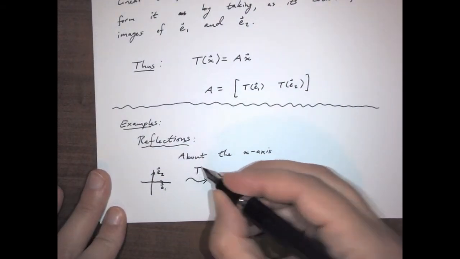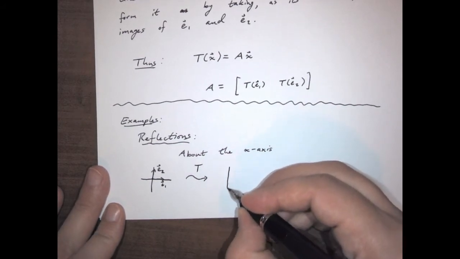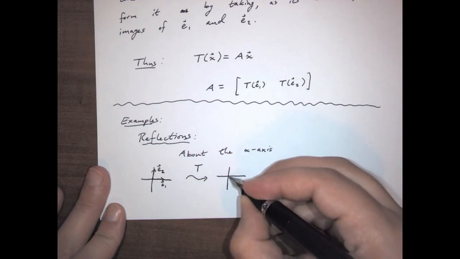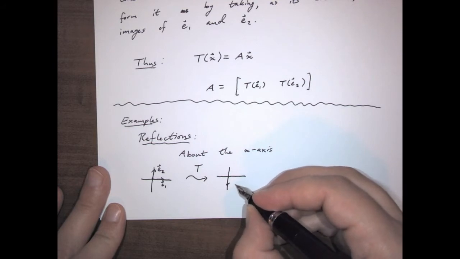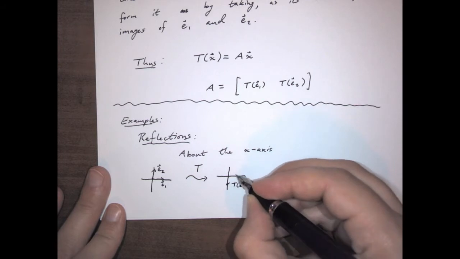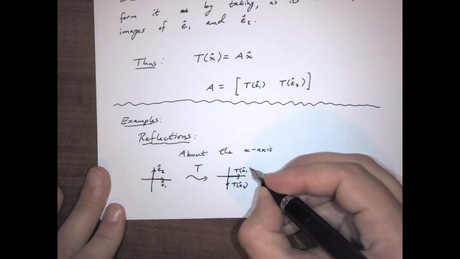And then when we do the transformation, if we want to reflect about the x-axis, that will be taking the vector that used to be pointing up, and now it's going to be pointing down. So that's going to be T of E2, and over here we're going to have T of E1.